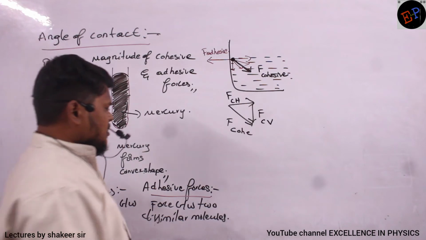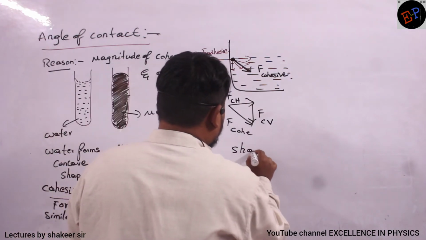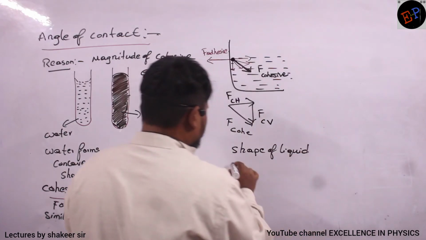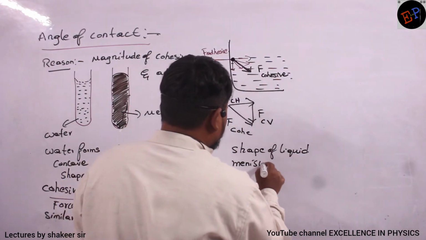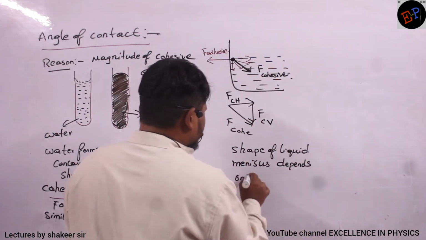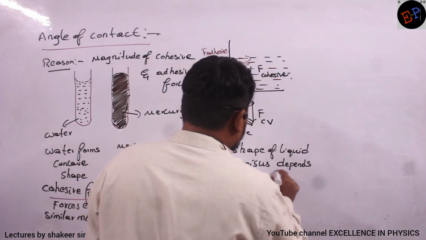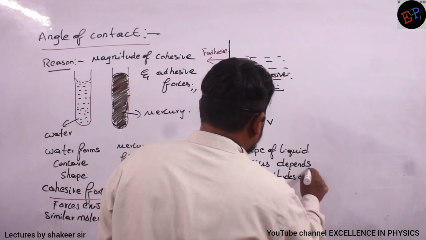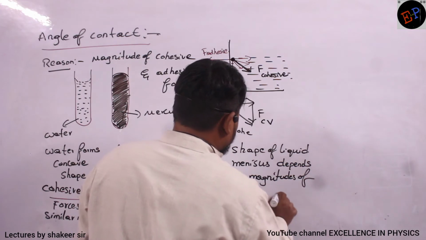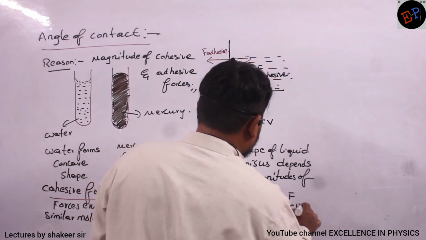Therefore, the shape of the liquid meniscus depends on the magnitudes of F adhesive and F cohesive horizontal.